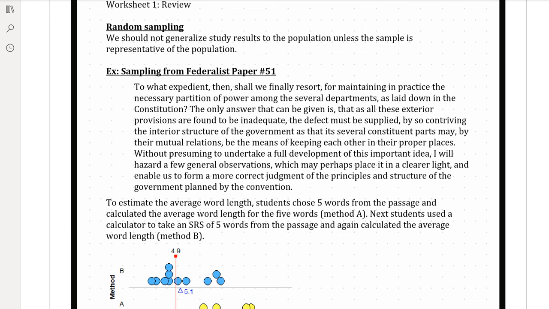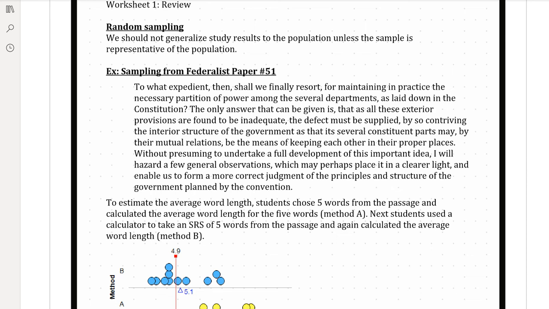The only answer that can be given is that as all these exterior provisions are found to be inadequate, the defect must be supplied by so contriving the interior structure of the government as that its several constituent parts may, by their mutual relations, be the means of keeping each other in their proper places. Without presuming to undertake a full development of this important idea, I will hazard a few general observations, which may perhaps place it in a clearer light and enable us to form a more correct judgment of the principles and structure of the government planned by the Convention.